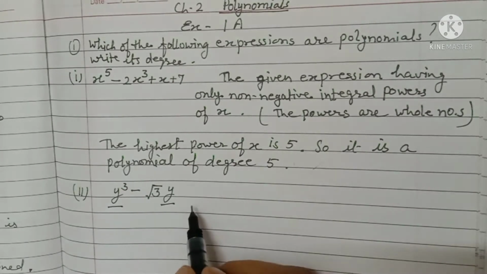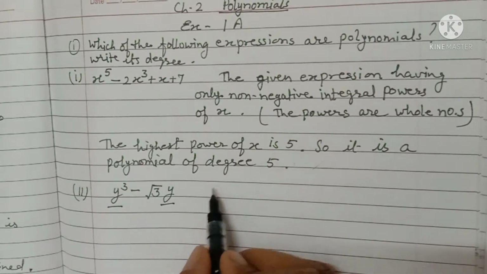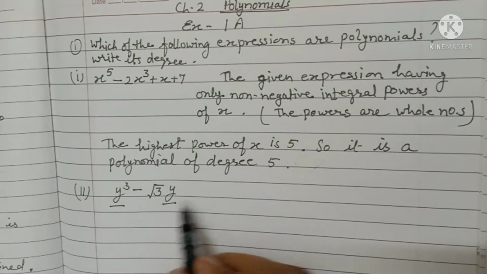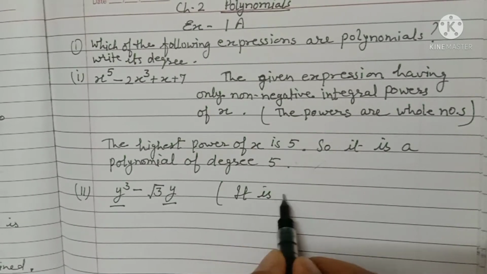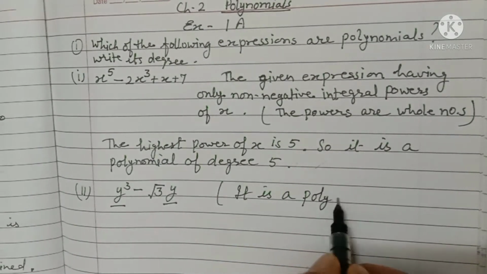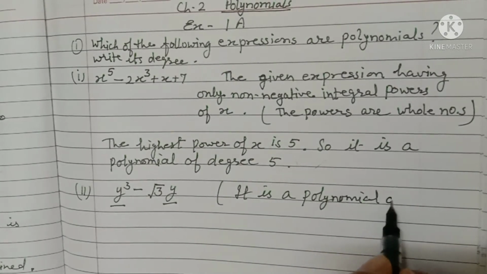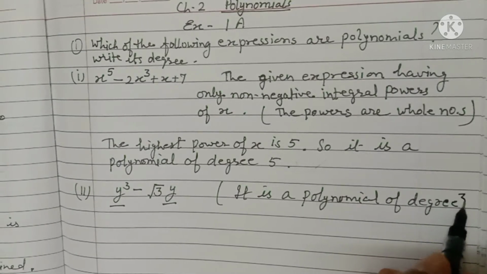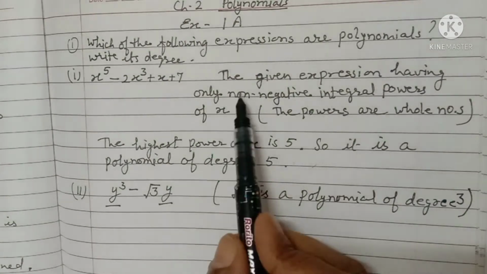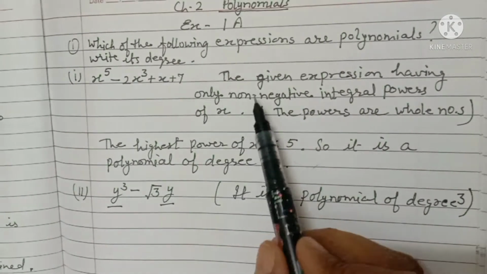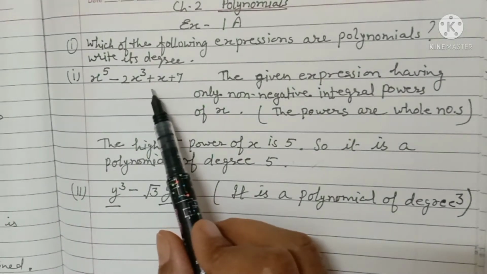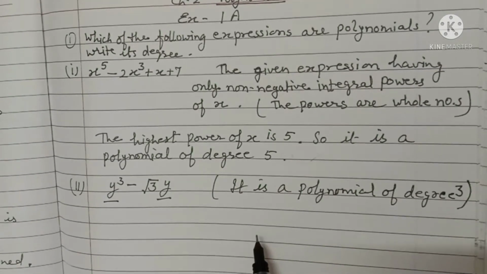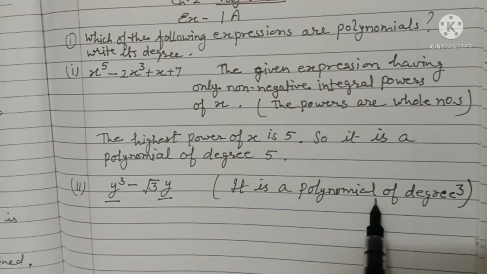Here the powers are whole numbers and the highest power is 3, so it is a polynomial of degree 3. You can write the statement like in the first part; I am just giving the answers.